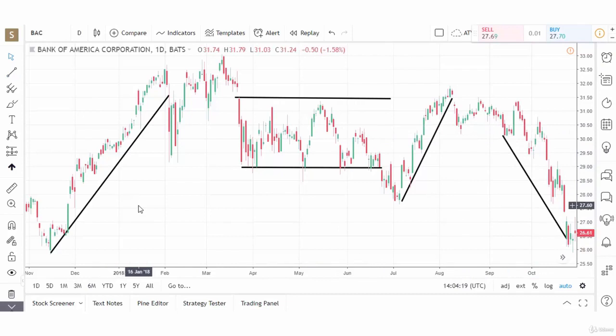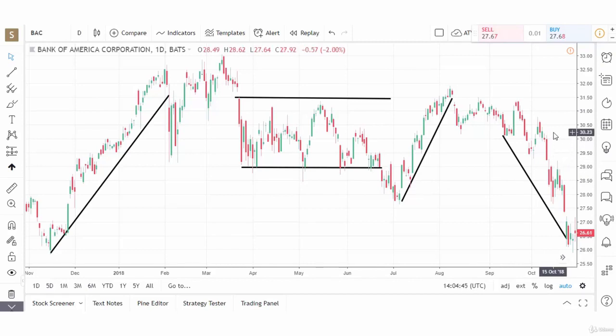So here we have a couple of different uptrends. At the beginning of the chart, we have an uptrend as the stock moves from $26 or so to around $32.50. A consolidation pattern as the stock moves from $31.50 to $29. The prices are all shown on the right-hand side of the chart here.